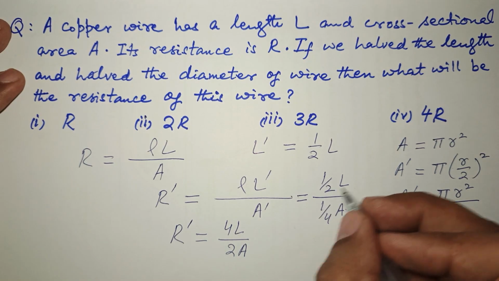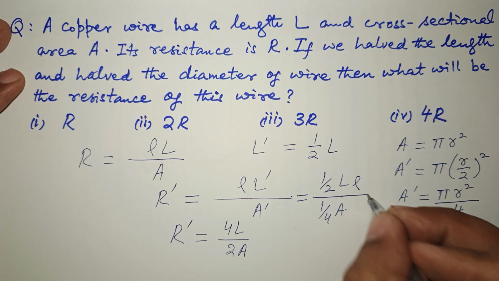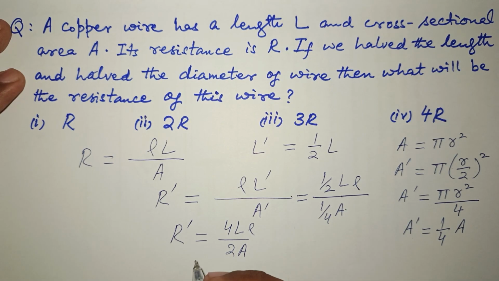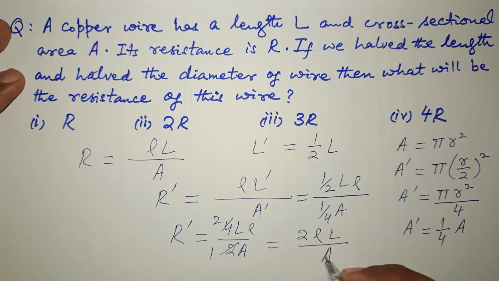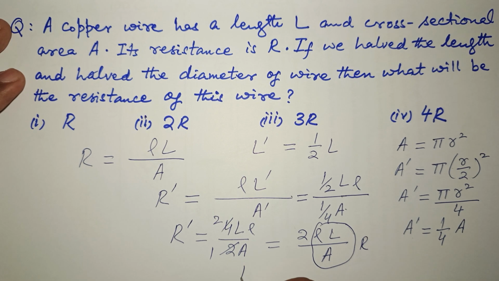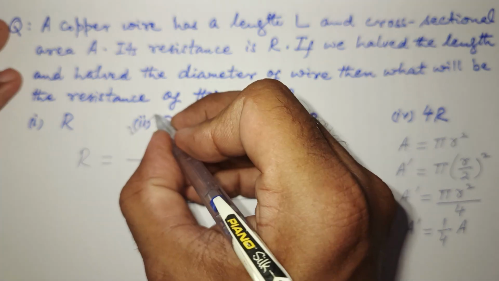The 2 goes into the 4, so this will be 2 rho L over A. This corresponds to the original resistance, so R now becomes 2R, doubled. So the correct option is number 2.